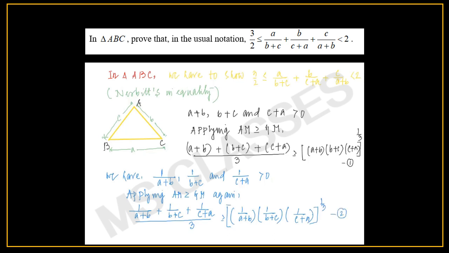Now, if we just multiply equation 1 and 2, then we can see the right hand side will be eliminated. After the right hand side gets eliminated, this will be 2 times a plus b plus c, and this one already we have, and in the denominator we have a 9.